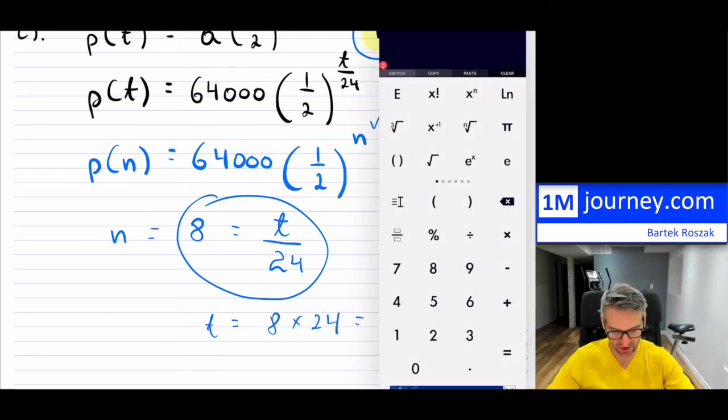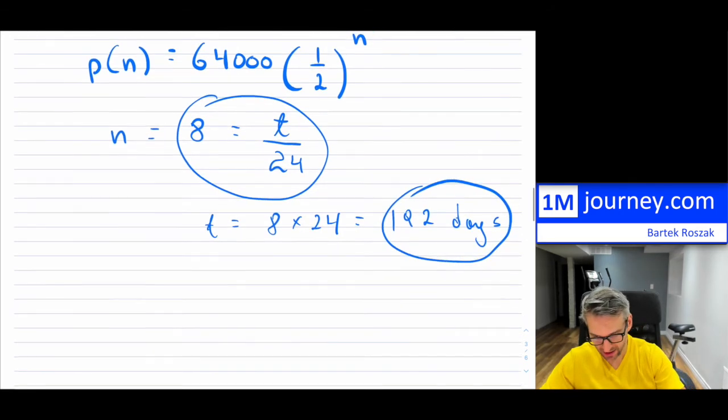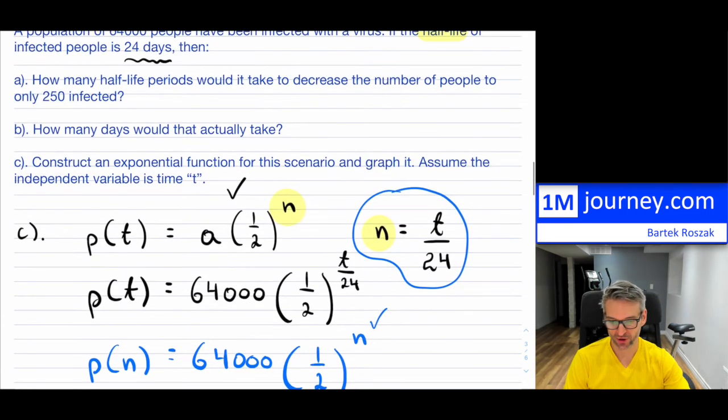So 8 times 24 is going to be 192 days that it actually takes. But how many periods is that? Well, that is 8 periods, 8 half-life periods. So that would have answered this particular question.